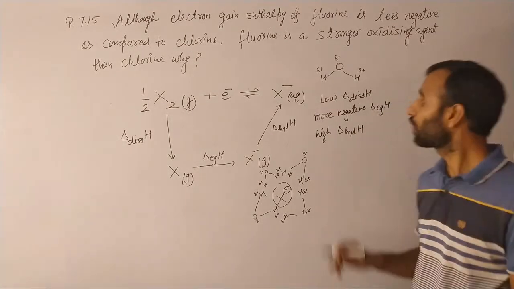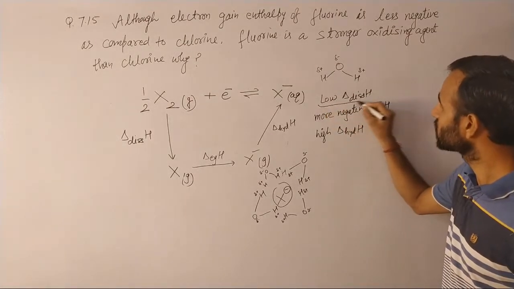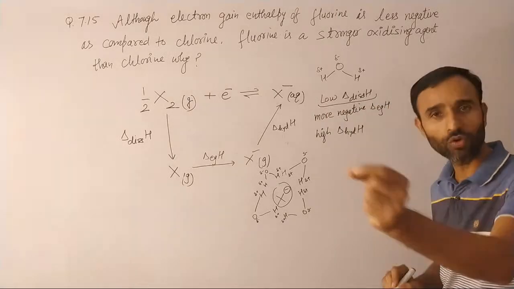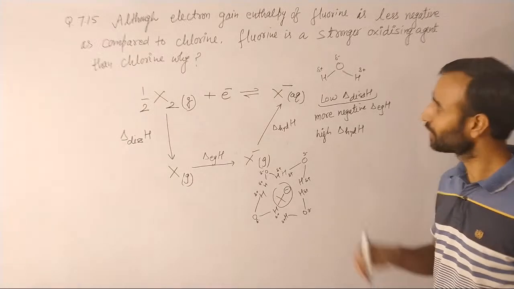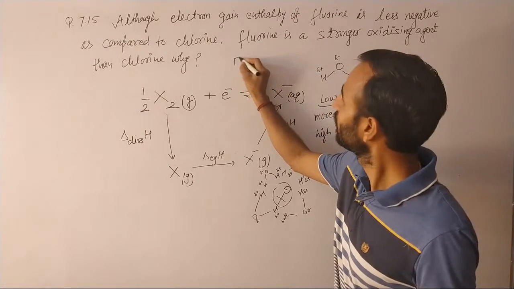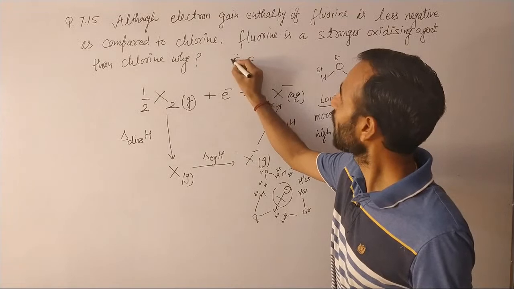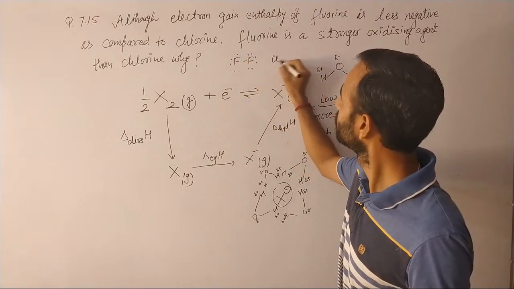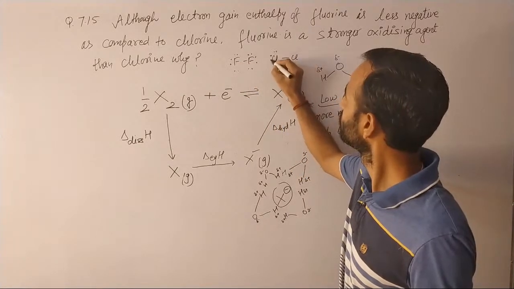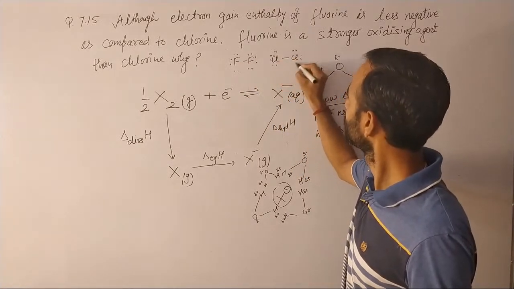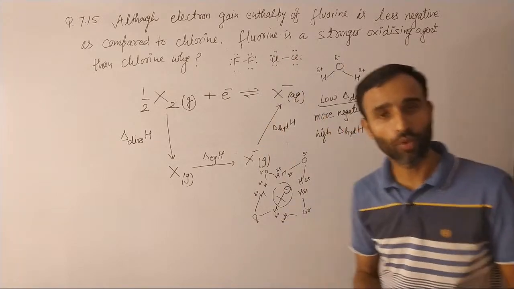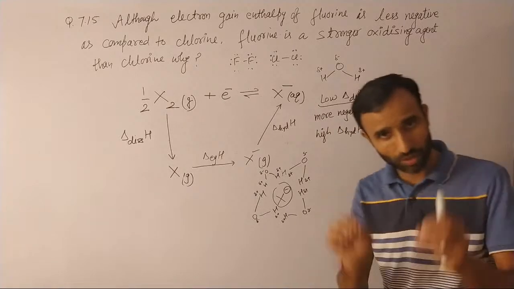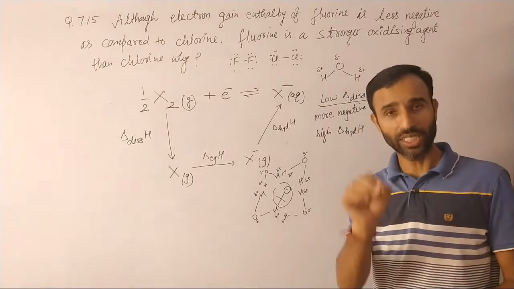So first tell me, dissociation enthalpy of which is less, fluorine or chlorine? Out of F2 and Cl2, which has low bond dissociation enthalpy?